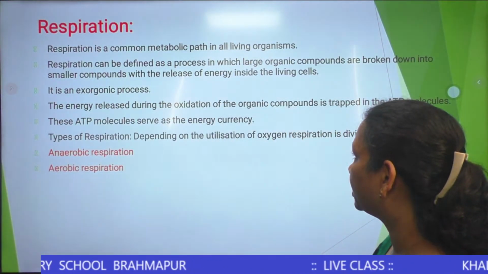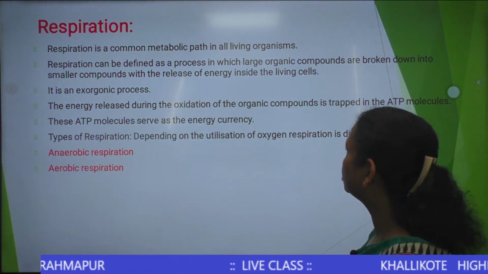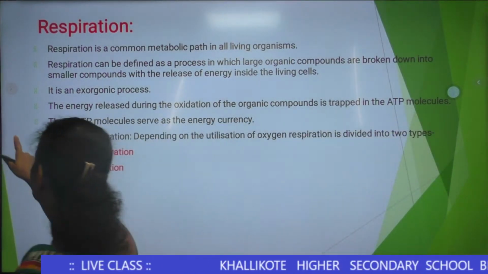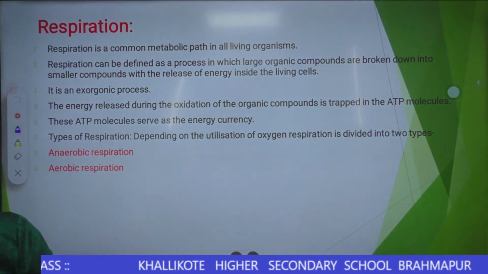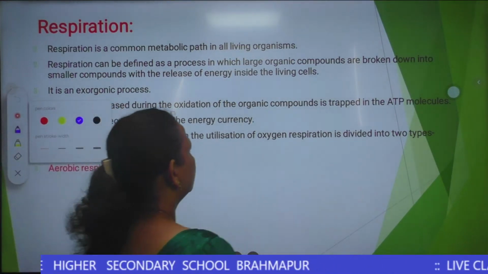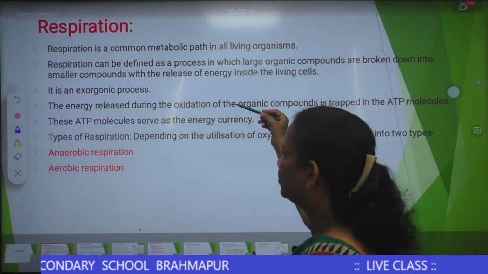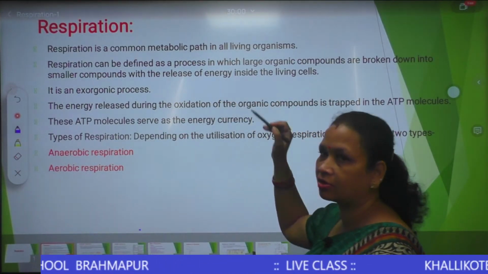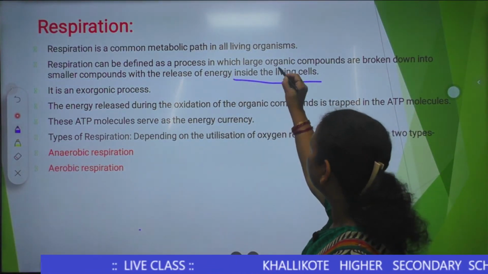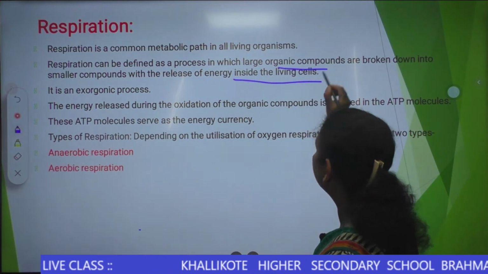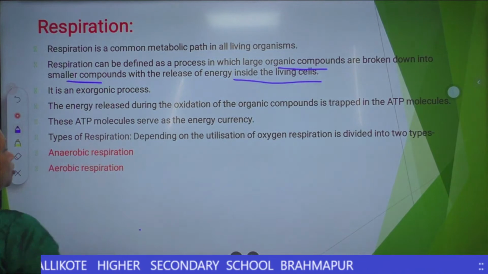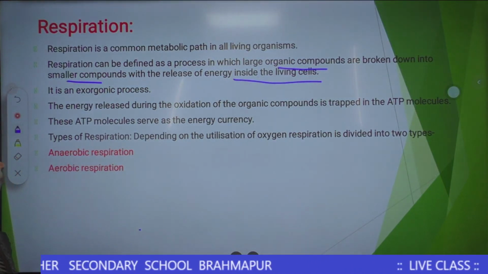Respiration can be defined as a process in which large organic compounds are broken down into simpler molecules, with the release of energy inside the cell. Here, large organic compounds are broken into smaller inorganic or simpler compounds.